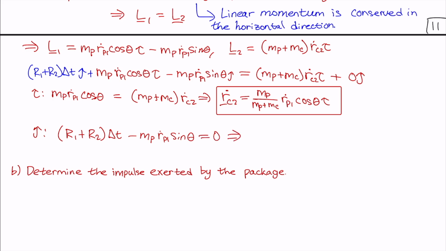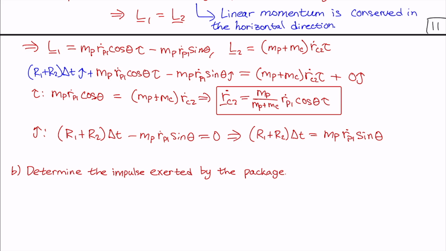And then from here, we can just show that the impulse (R1 plus R2) delta t is equal to m_P r_P1 dot sine theta. That's one of the equations we would need in order to find this reaction. The second one would come from applying impulse momentum purely to the cart itself after we apply it to the package directly.